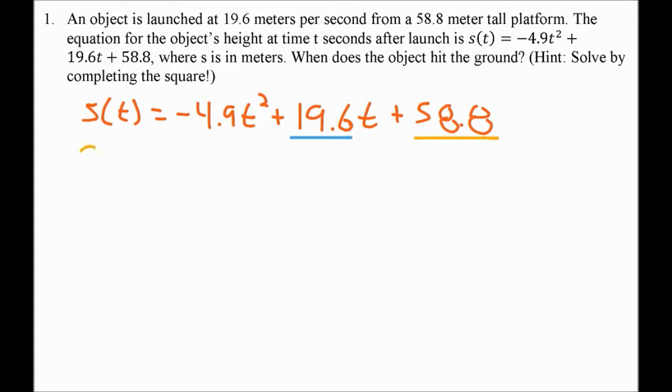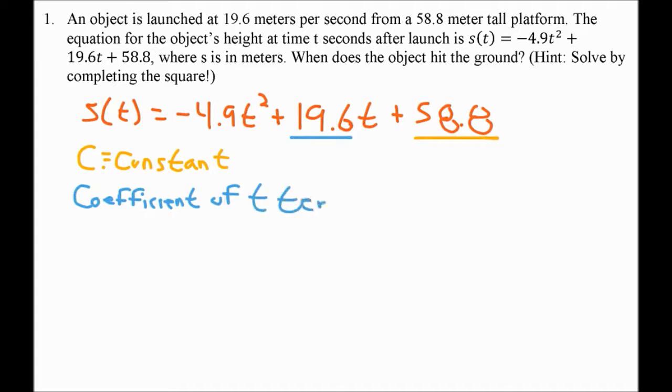Maybe I'll just label these here. So C we said was the constant. And the 19.6 in blue is going to be the coefficient of the t term.